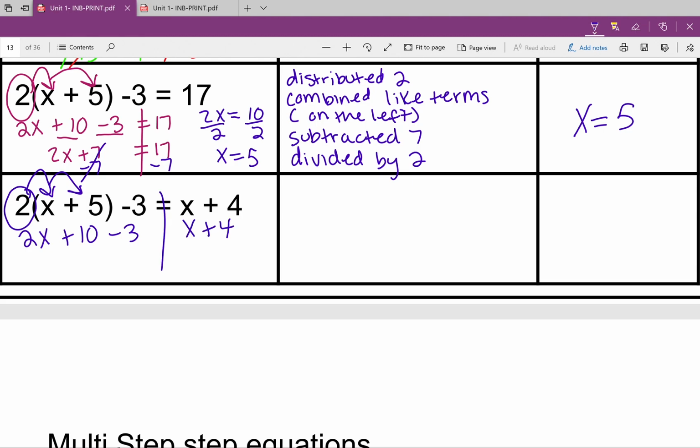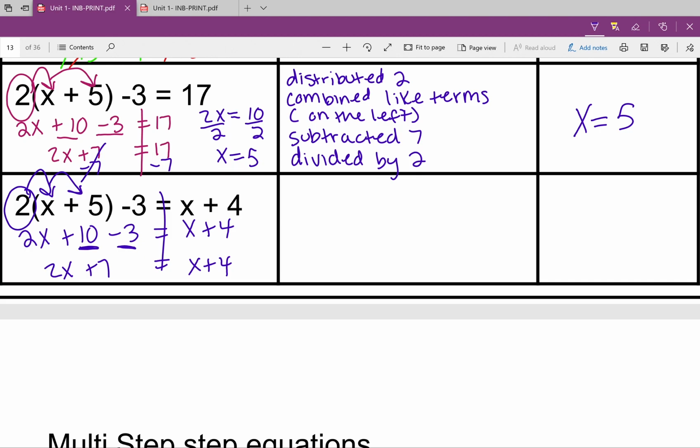Again, we're going to combine our like terms. So we have 2x plus 7 is equal to x plus 4. At this step, we have to decide which side the x's are going to go on and which side the numbers are going to go on.